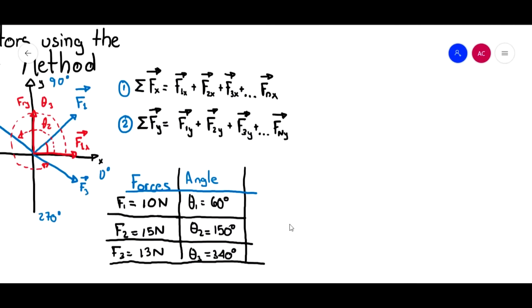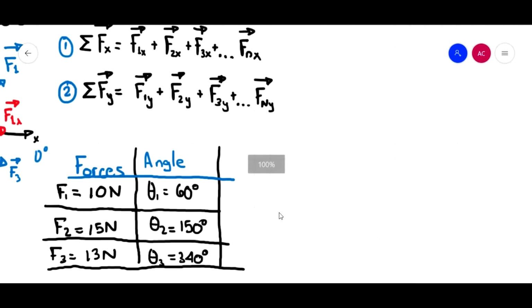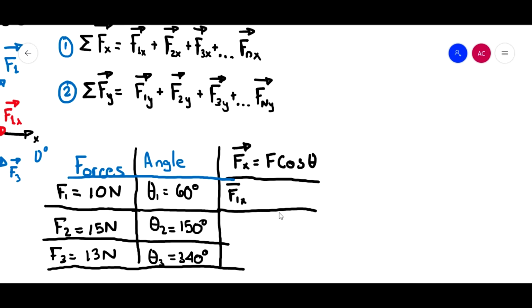And then, what else? Okay, so what I'm going to do here is find Fx. Remember, I'm going to write the formula: F times the cosine of the angle. So in this case, F1x is going to be 10 newtons times the cosine of 60.